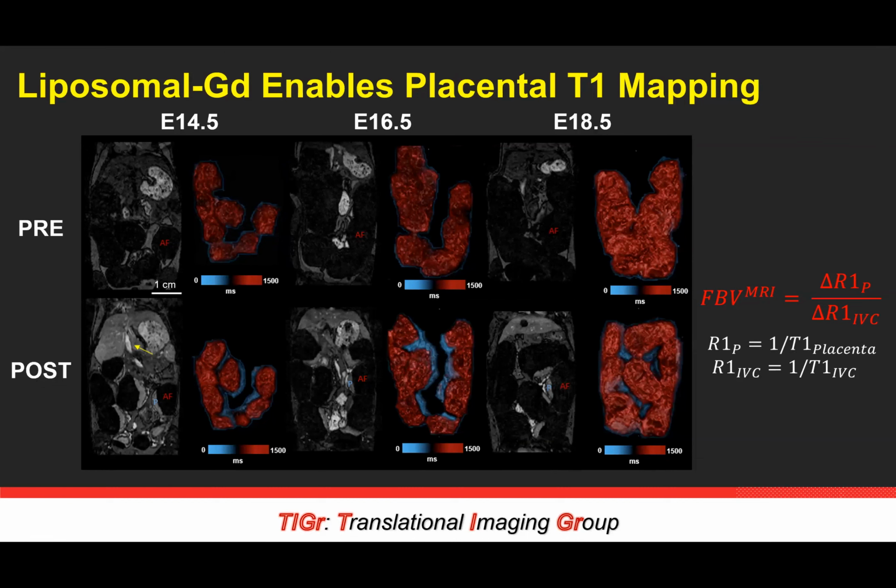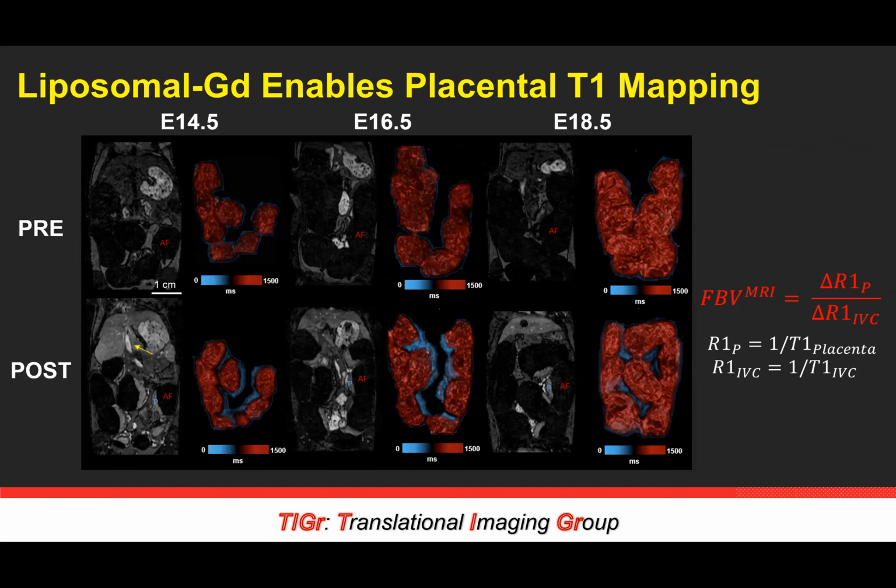But once we administer contrast, you can see in these volume renderings how the placenta lights up, and we now have this light blue area here, which is actually the placenta for these different FPUs. And you can see that as a result of the T1 time reducing because of the signal enhancement as a result of the liposomal contrast. So from this, how do we calculate fractional blood volume?